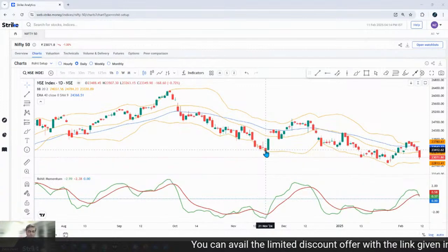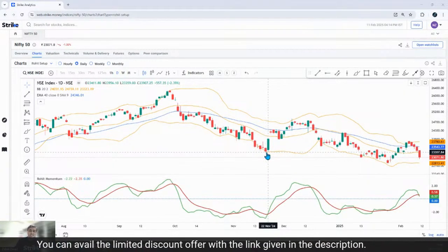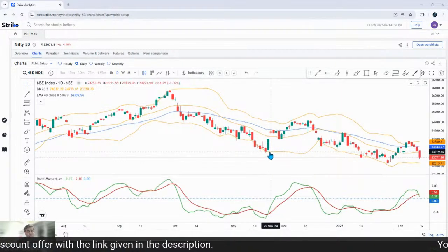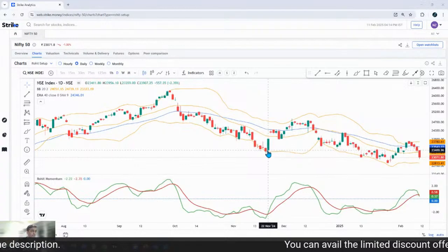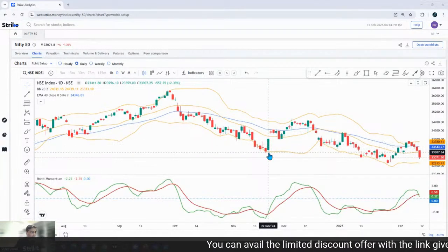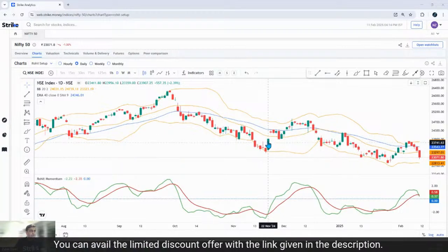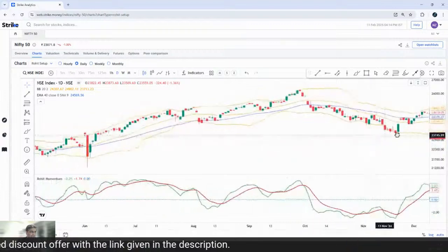For those who are using technical analysis, there are various videos that I have prepared on Bollinger Bands as well. You can go through those videos. Prices are near the lower Bollinger Band, and on 22nd of November, prices gave a nice up move, a green candle.